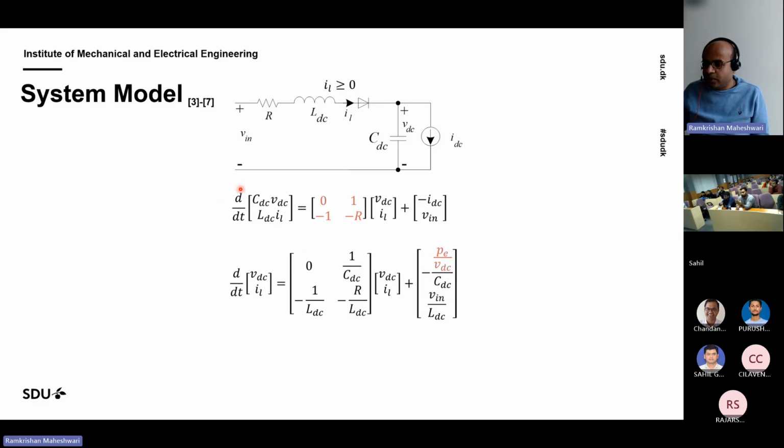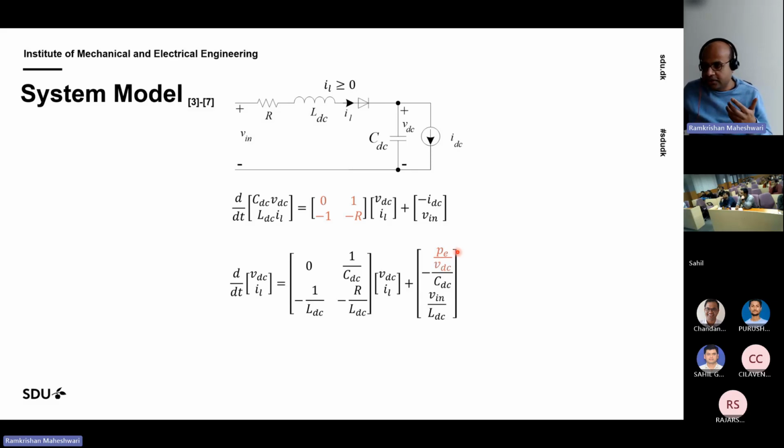So up to this point, since IDC was not expressed as a function of VDC, we could have treated this system as a linear system. But now in this scenario, it is not a linear system, but a non-linear system, right? And how do we analyze the stability of an operating point of a non-linear system?